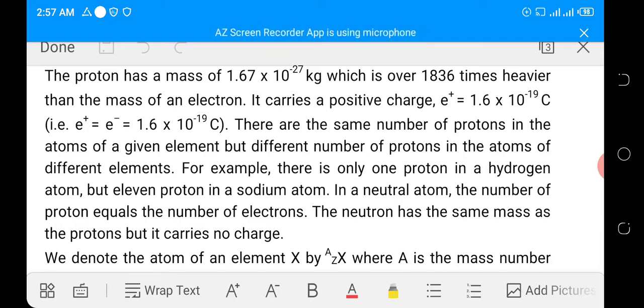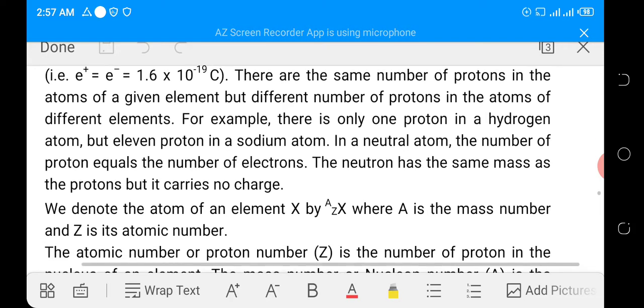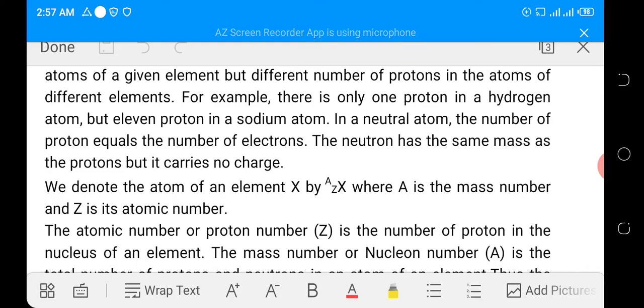Also, in a neutral atom, the number of protons equals the number of electrons. Since the protons and the electrons are of the same magnitude of charge, if their numbers are equal, then the charges cancel each other out. Therefore, the atom is electrically neutral.